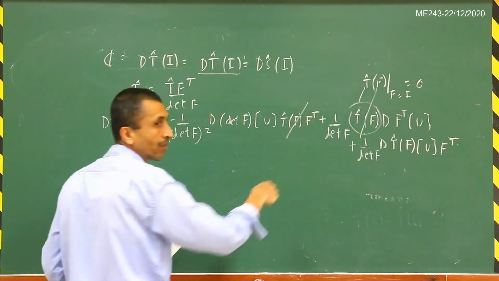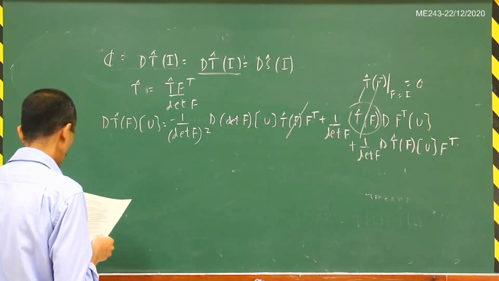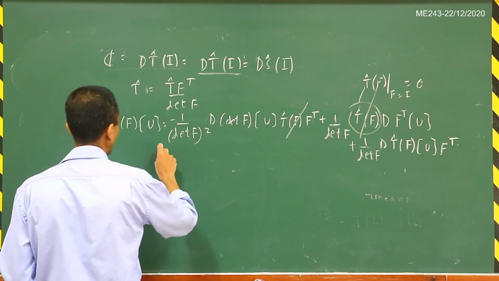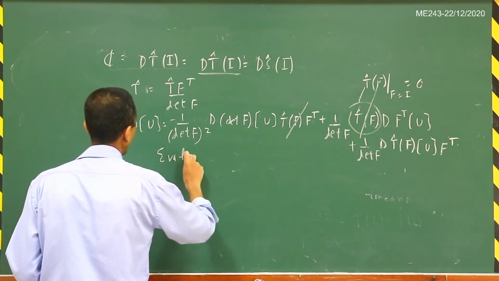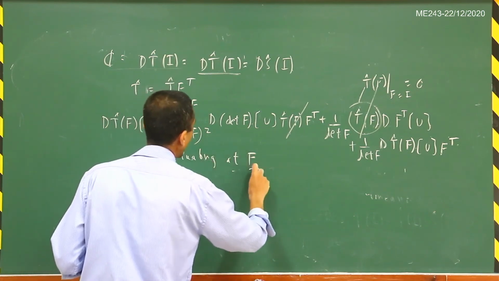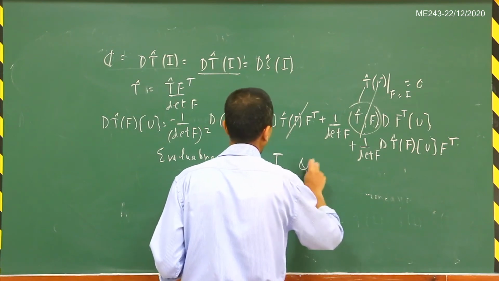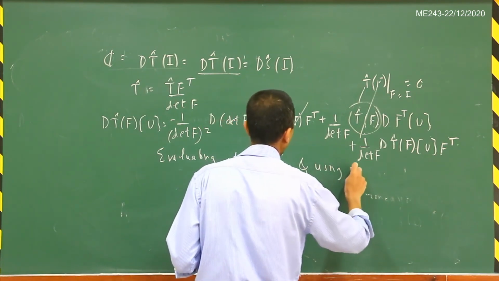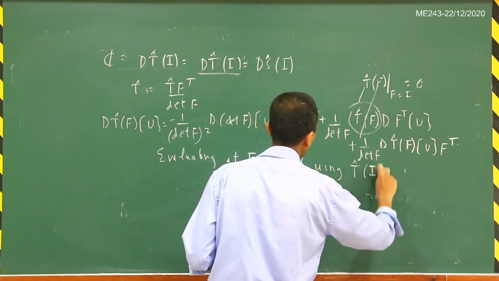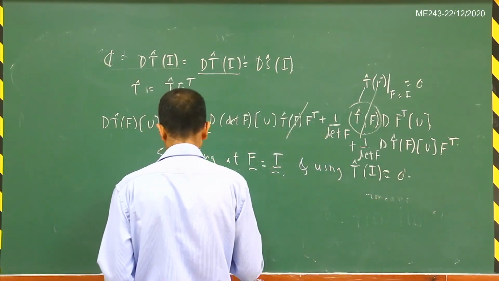And so evaluating at F equal to identity and using t hat of identity equal to 0, we will get the first relation.